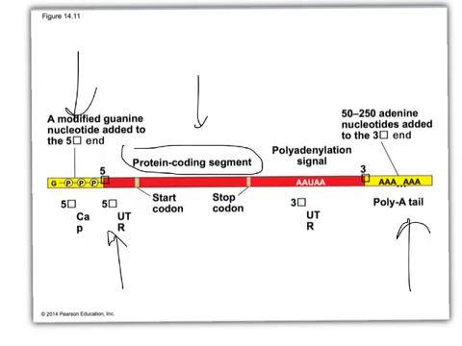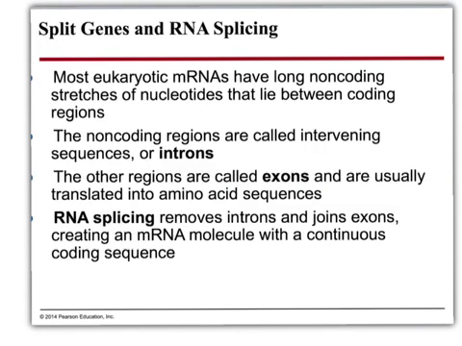But inside this protein coding segment is still some junk, or RNA that's coded from junk DNA. And we want to splice that out. We go through split genes and RNA splicing. We have non-coding regions of DNA, which are called introns.